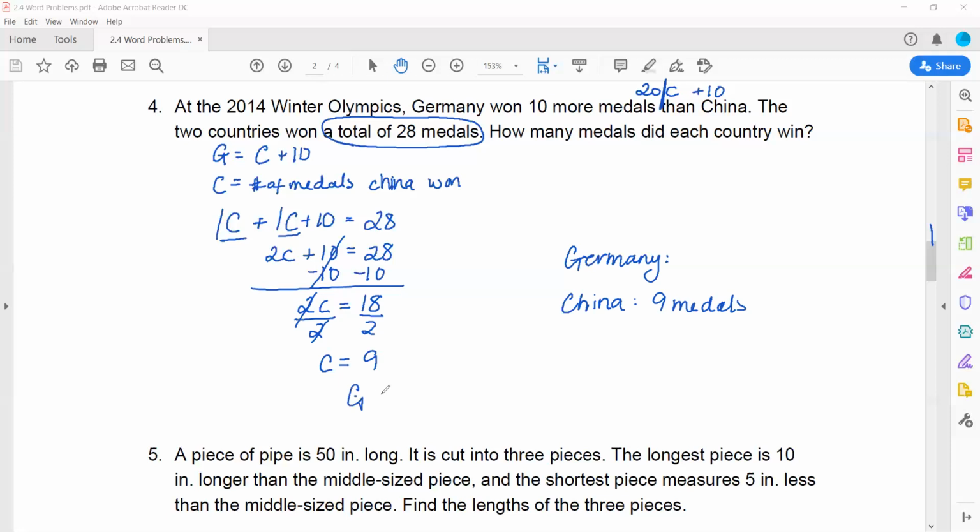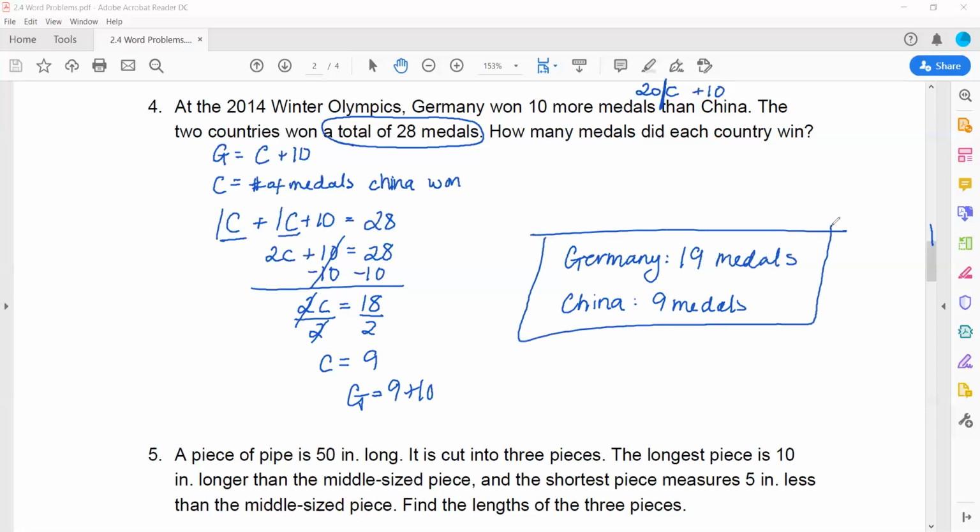So Germany is the number that China won plus 10 more. So Germany won 19 medals. And then always double check that this makes sense. So we know Germany won 10 more. That's what we have here. And the other piece of information we were given was that it's a total of 28. If we add these together, we get 28.